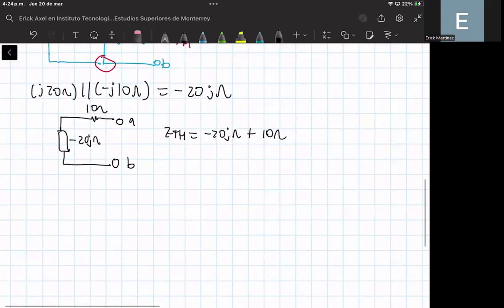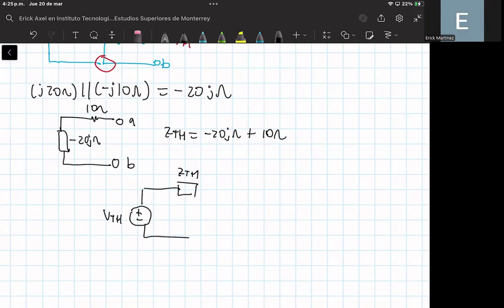So, we can say that the Thevenin equivalent of this circuit is, here we have the voltage source that is equal to the Thevenin voltage that is in series with the equivalent impedance. And well, we have the circuit.